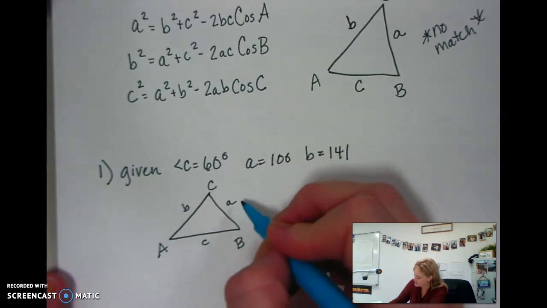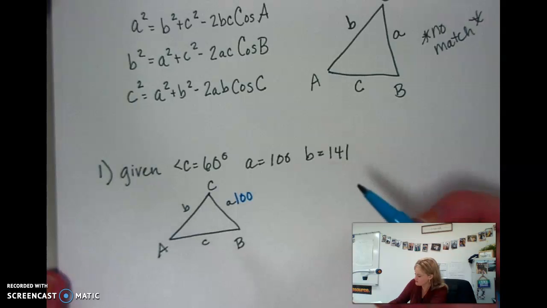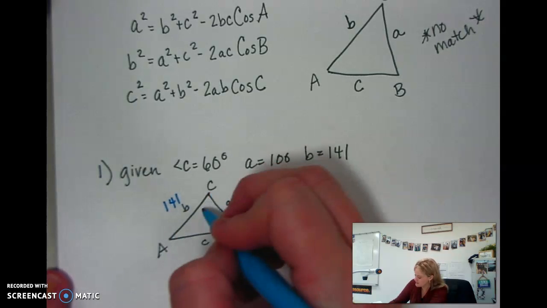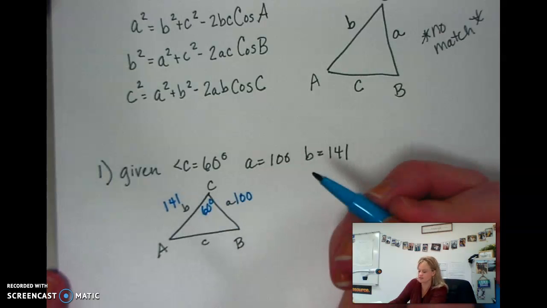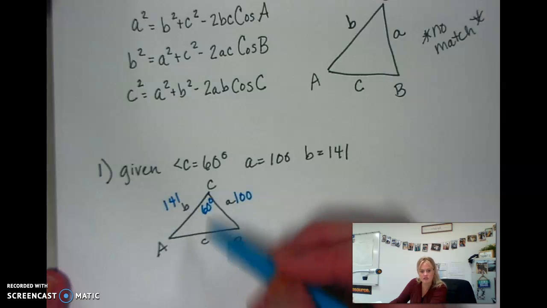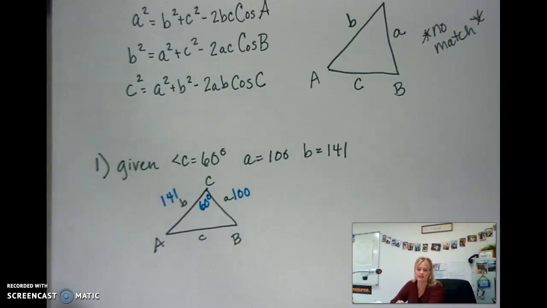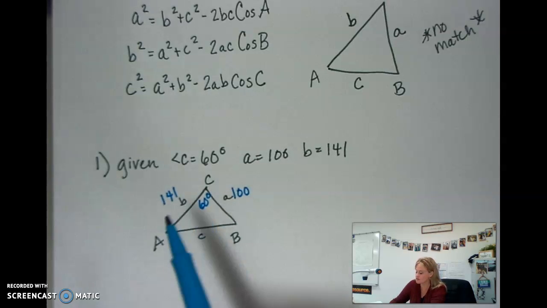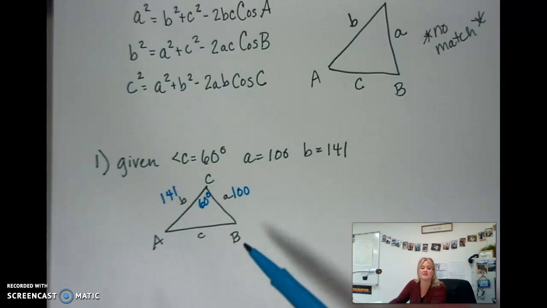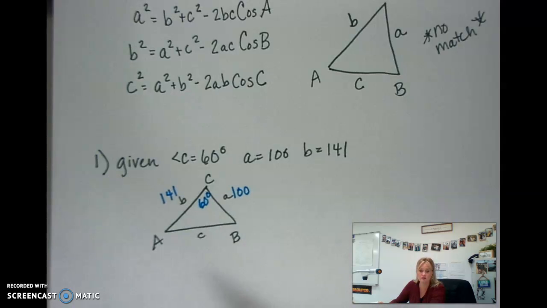But I know that side A is 100, side B is 141, and angle C is 60 degrees. So right now I don't have a match or a pair, so I cannot use the law of sines. I also cannot use a squared plus b squared equals c squared because that is for right triangles only.